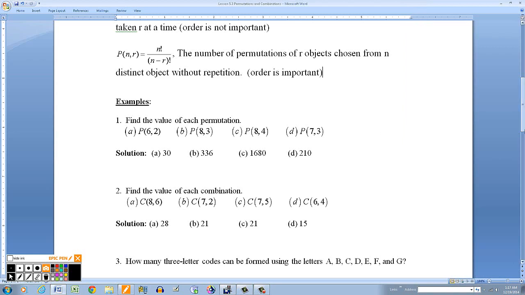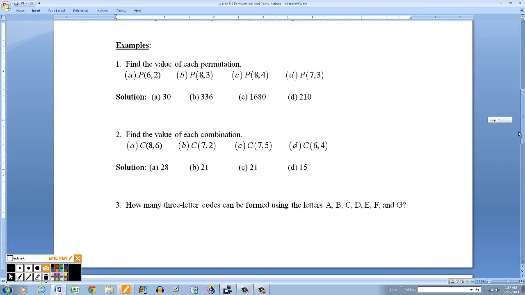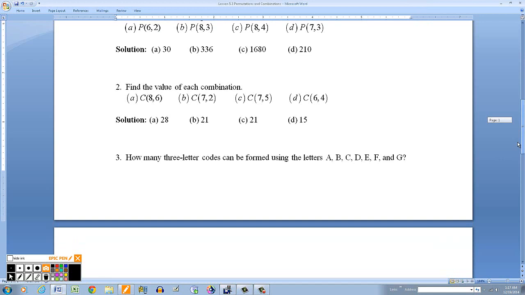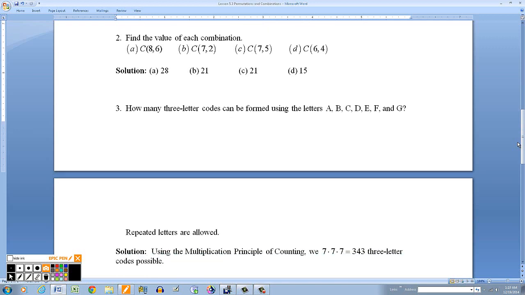Okay, the next one, we actually did a couple of examples like this in the last lesson, but here's what we have. How many 3-letter codes can be formed using the letters A, B, C, D, E, F and G? So there's 7 letters, and we want 3-letter codes. So basically there's 3 positions, and it says repeated letters are allowed.